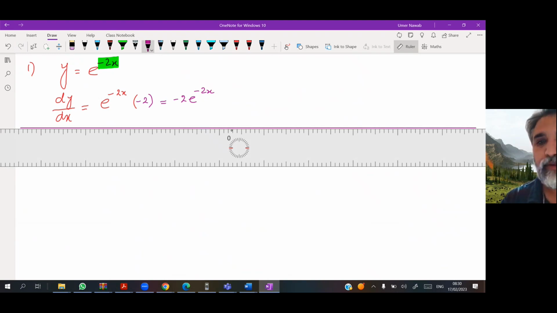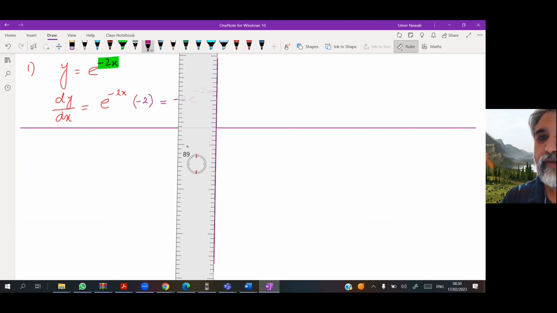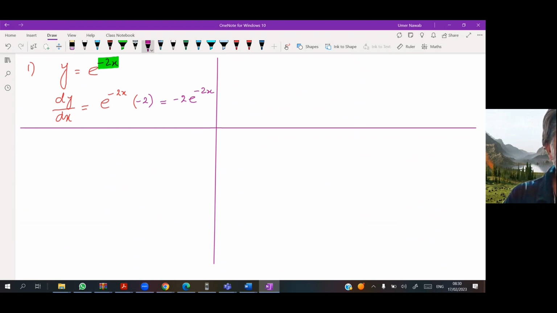Okay, let me draw the lines here so that everything is in front of you. The second question which I gave here, y equals e raised to power 5 plus x, then dy by dx. Can you guess?